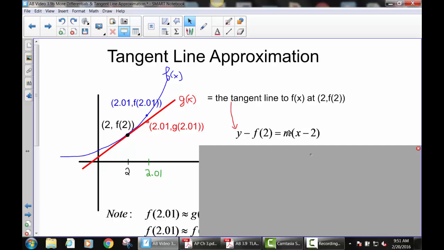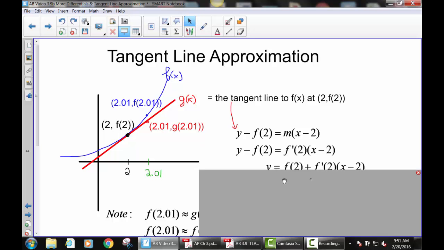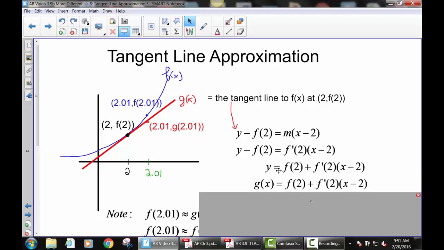The slope, of course, would be f prime of 2, because that's the slope of the tangent line to f of x at the point 2, f of 2. Therefore, if I isolate y, I get y equals f of 2 plus f prime of 2 times x minus 2. Well, what is this function? This function is our g of x function, right? This is the equation. I just found the equation of the tangent line, which I'm calling g of x.